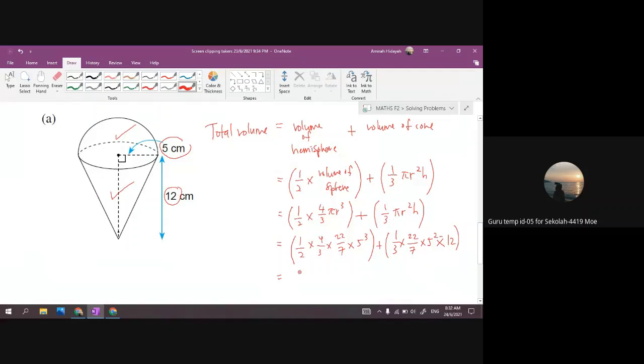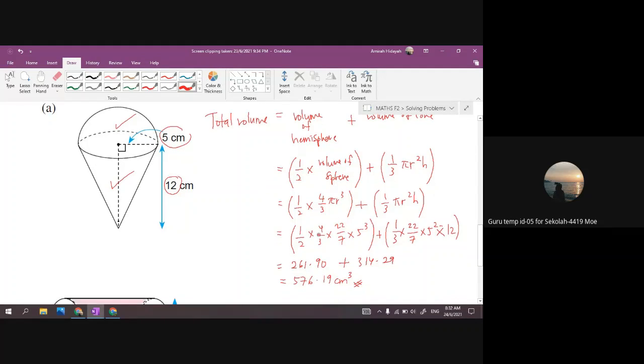Okay, so kiralah guna calculator. So kamu akan dapat volume untuk hemisphere is 261.90 plus volume untuk cone 314.29. So total up both of them, so you will get 576.19 centimeter cubic.